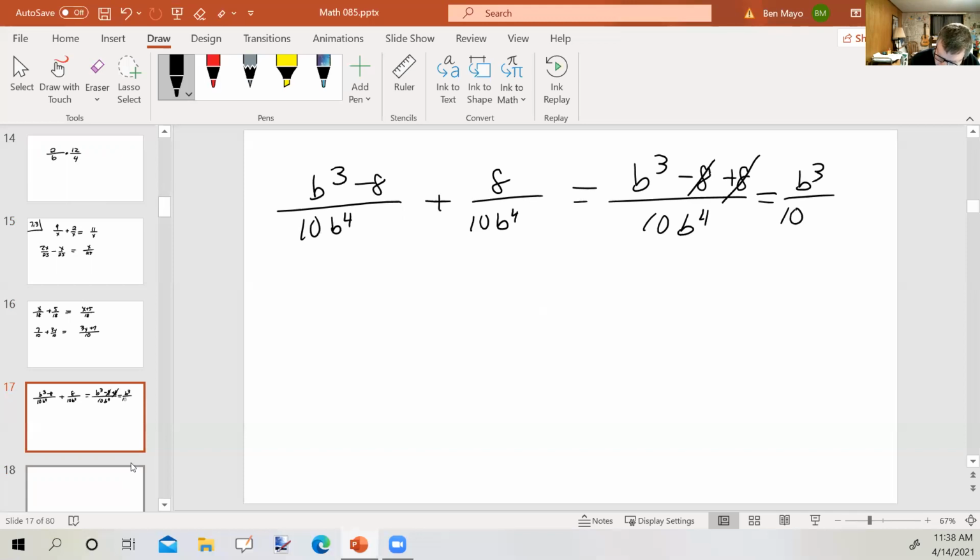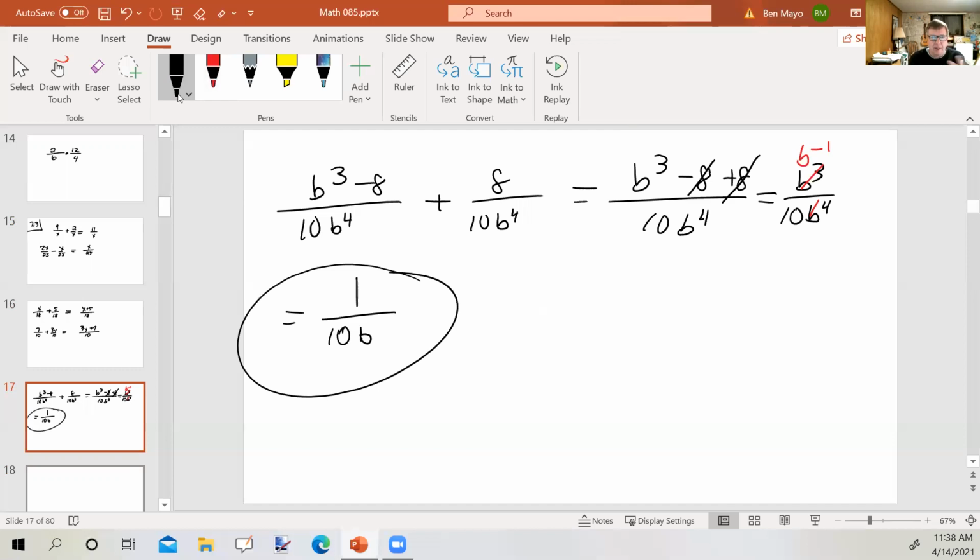So now I've got b cubed over 10b to the 4th, but I can reduce b cubed over b to the 4th, and that becomes what? B to the negative 1 on top, which then becomes 1 over 10 b to the positive 1 on the bottom. Okay. Any questions about that? How I got that b to the positive 1 in the denominator? Anything there? Nope. All righty.